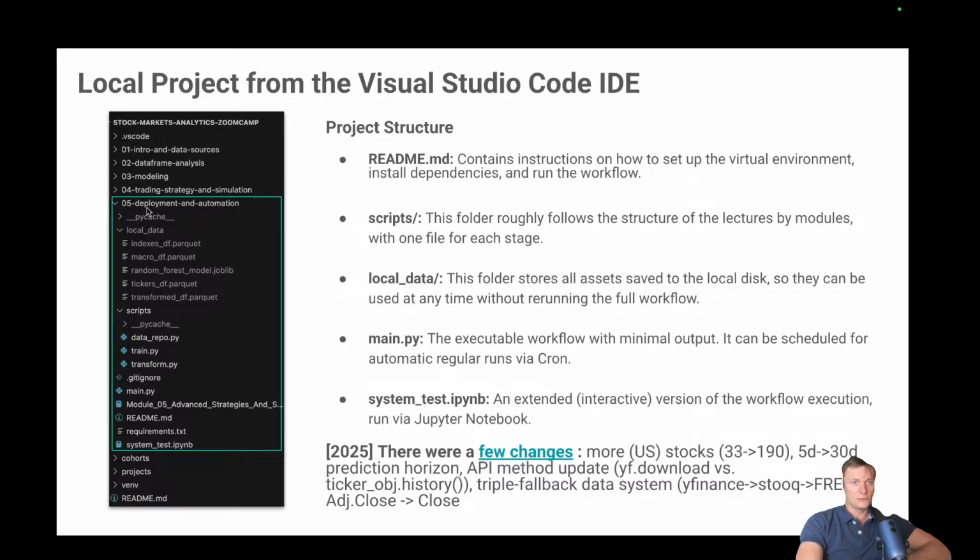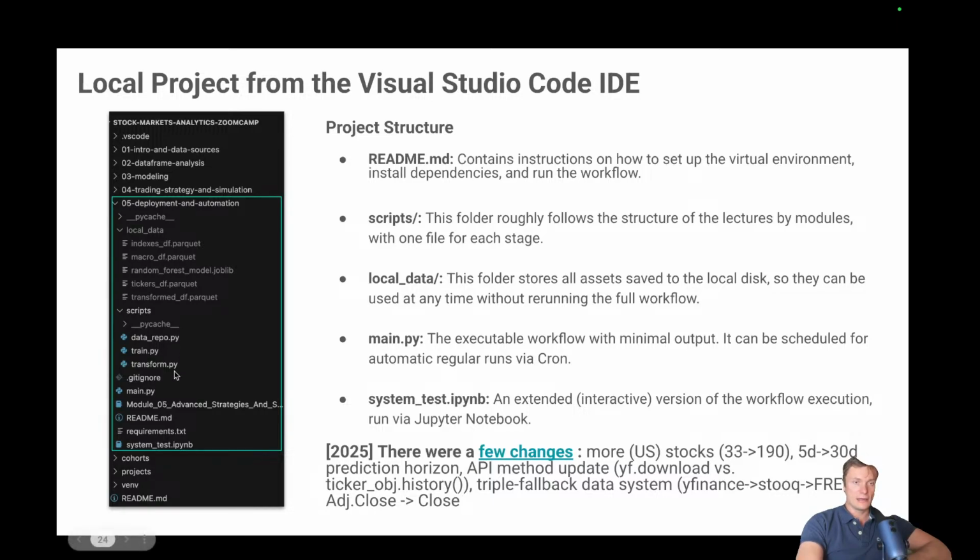In the folder 0.5-development-and-automation, you have a folder scripts, which has a few files: data_repo, train.py, and transform.py, where you do data functions, transformation functions, and training functions.